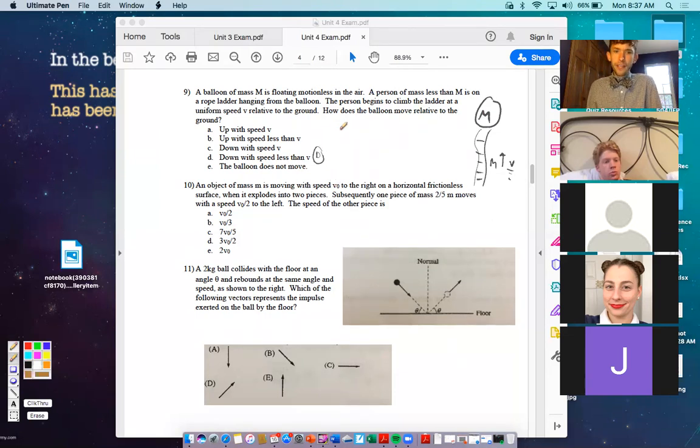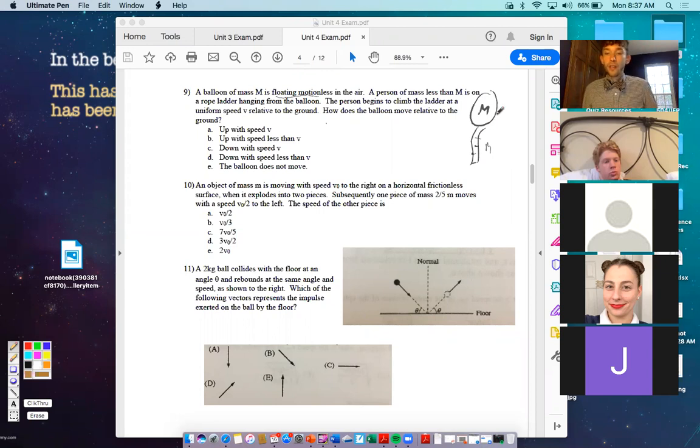Here's another way of thinking about that. We can also say our center of mass idea. Here's my balloon, here's the ladder with the person on it, and I can say that there are no significant external forces. The balloon is floating motionless in the air, so I know that yes, there's gravity, but gravity is being counteracted by air resistance in this case.